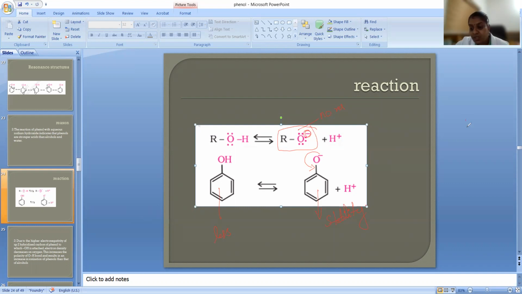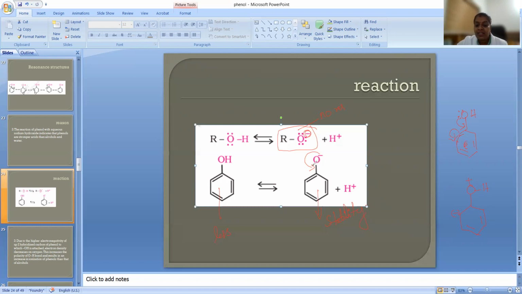In the case of phenol, we already saw the resonance structures. During resonance, this bond is shifting to this position, this bond is shifting to this position, so oxygen is getting a positive charge, and this bond is shifting here, meaning negative charge also here. So there is a charge separation in the overall resonance structures. If charge separation is there, stability should be less.